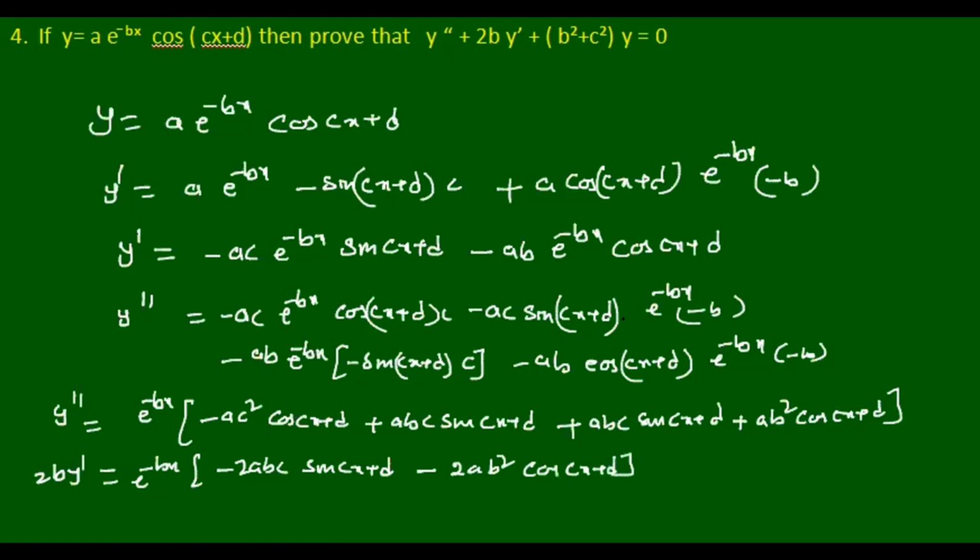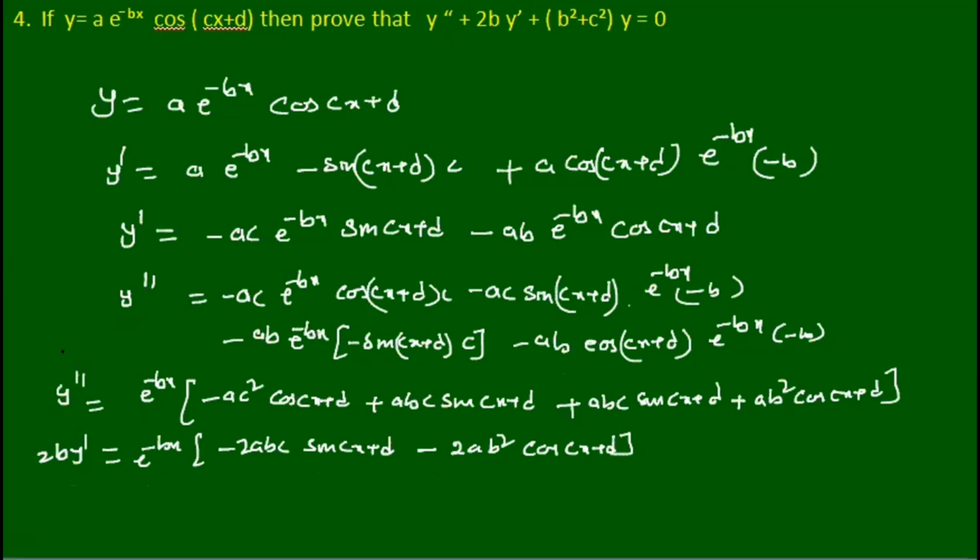And then when you multiply b square plus c square with y, b square y plus c square y, e power minus bx common, b square y is ab square cos of cx plus d, c square y is ac square cos of cx plus d.